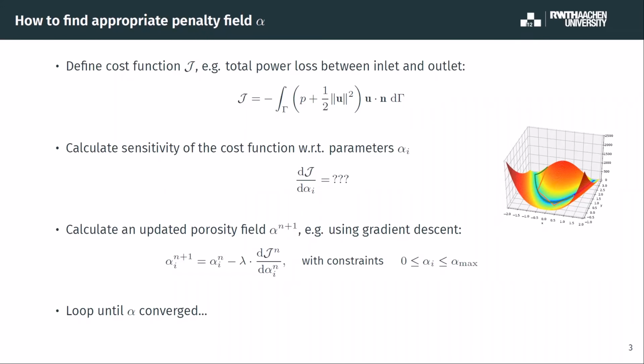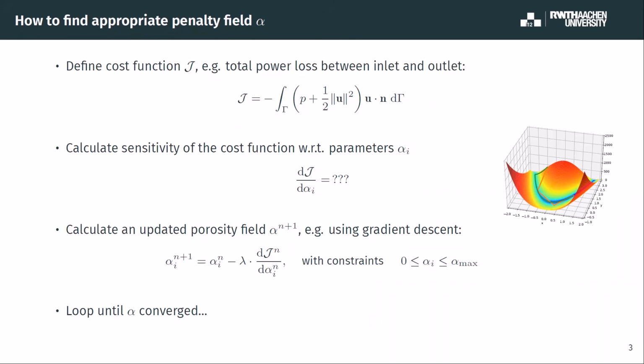So what you always have to do is define a cost function. In this example, it's the power loss, which is only related to the pressure loss within a ducted channel. And then you want to calculate a gradient. This has one output, so it's a gradient with respect to a bunch of parameters alpha. This could be millions.